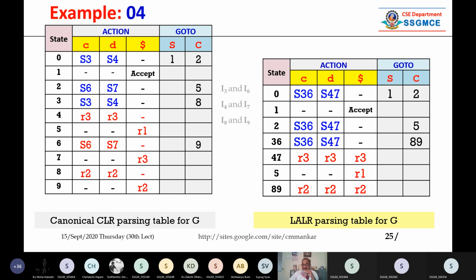Normally the CLR parser is a very powerful parsing mechanism. It handles all types of programming language constructs like if then else, for loop, jumps, GOTOs, parameter passing mechanisms, and all that. But it is very hard to construct.